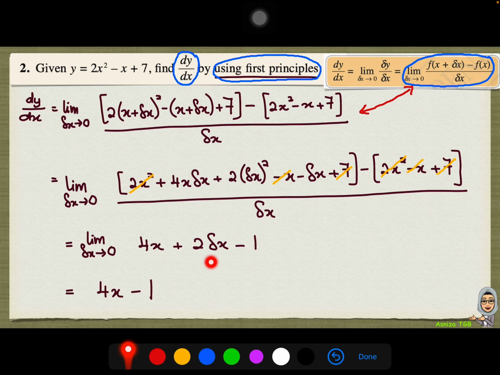And the last step is to substitute delta x with 0, so this will become 0. So the first derivative for the function y equals 2x squared minus x plus 7, by first principles, dy/dx is 4x minus 1.